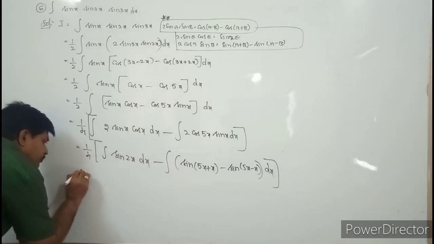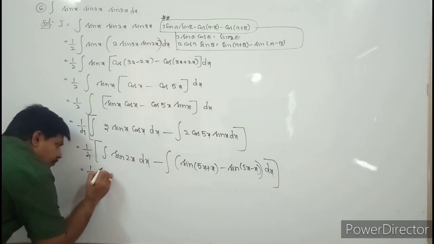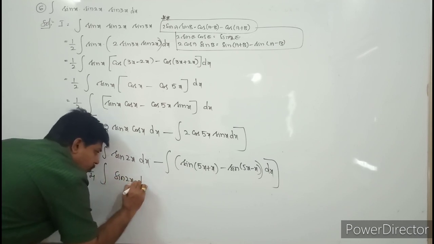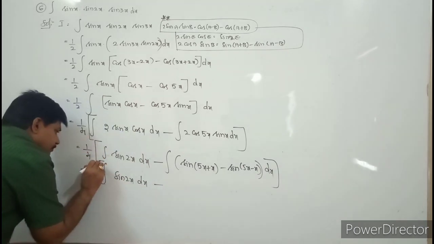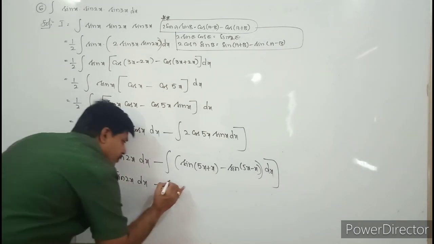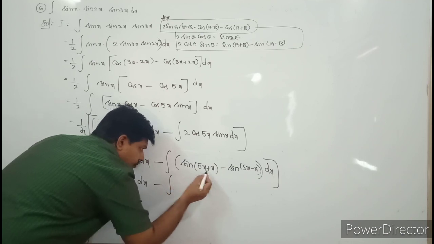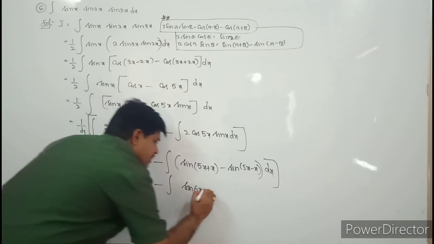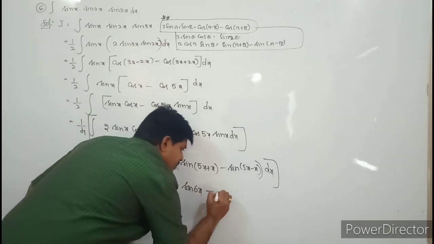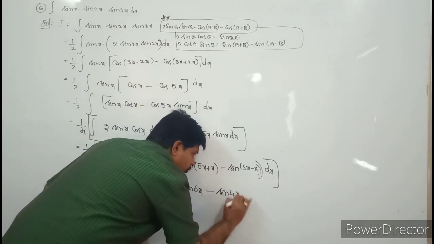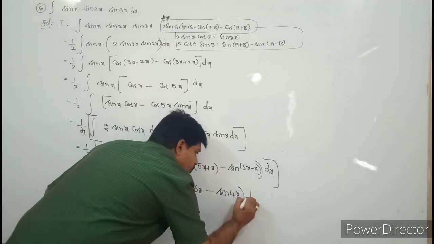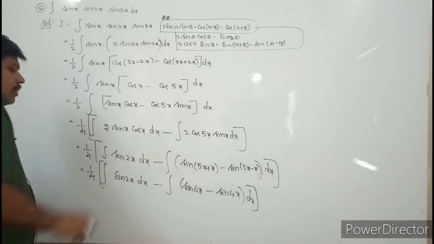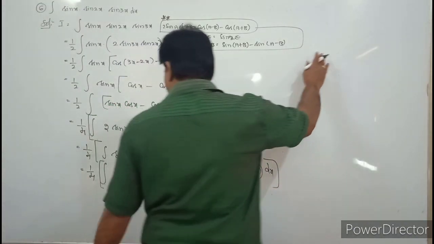So that is equal to 1 by 4 integral of sin 2x dx minus integral of sin 6x minus sin 4x dx.